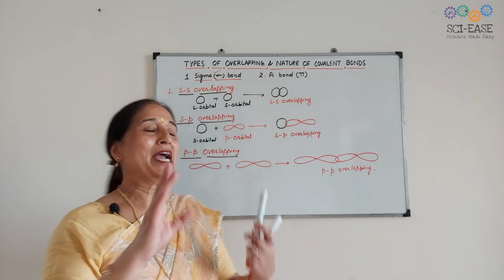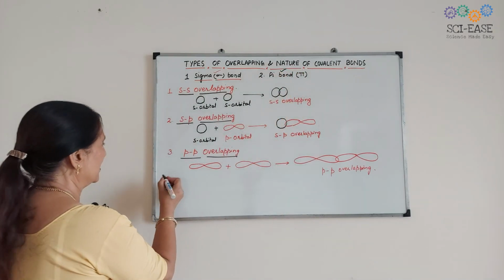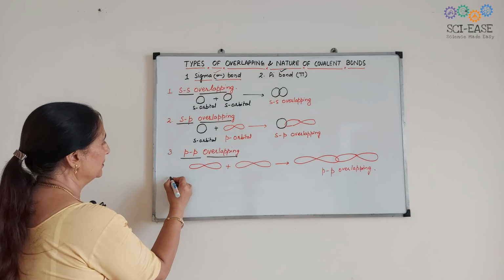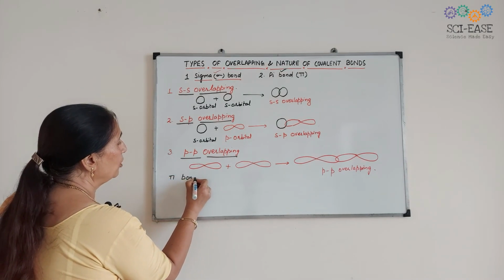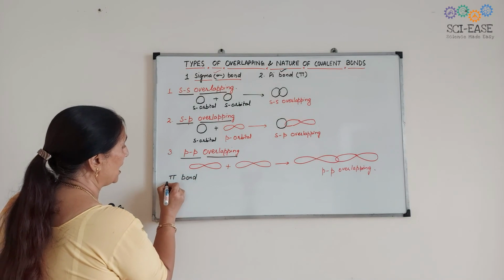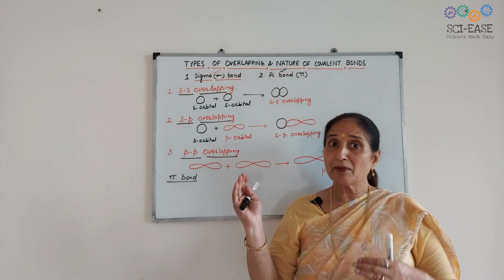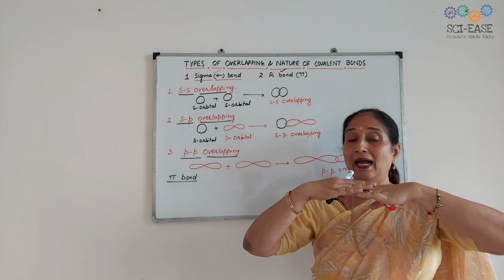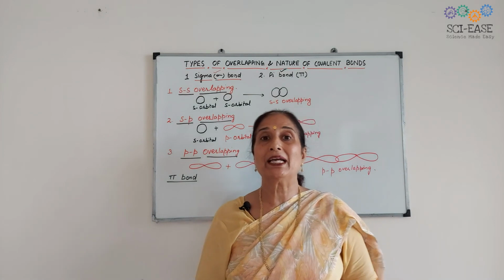Now come to pi bond. The next is the pi bond. So here we will do pi bond. How this pi bond is formed, I am going to tell you. In case of sigma bond, I have told you that head-on or end-to-end overlapping is there.